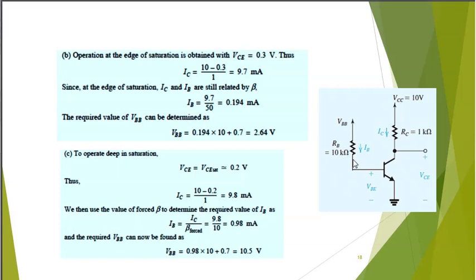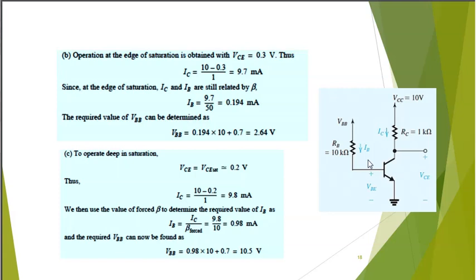So if this is the case, we also know that beta is 50. So beta is 50, it means IC will be 0.93 times 50. So it's going to be 4.65.